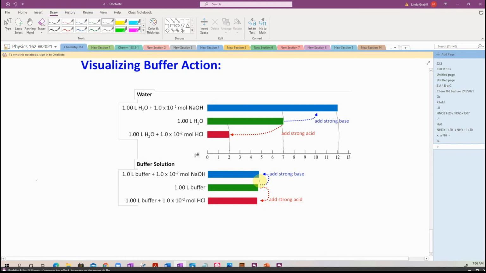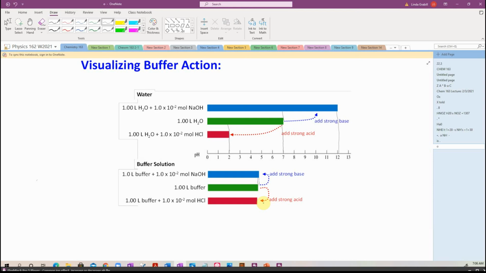So it still increased in terms of adding a strong base. You can see this like maybe a 10th-ish, just visually estimating. And so that is the benefit of the buffer. And remember, there are certain biological systems that need to have constant pHs. So that's why these sort of systems are so important to understand.